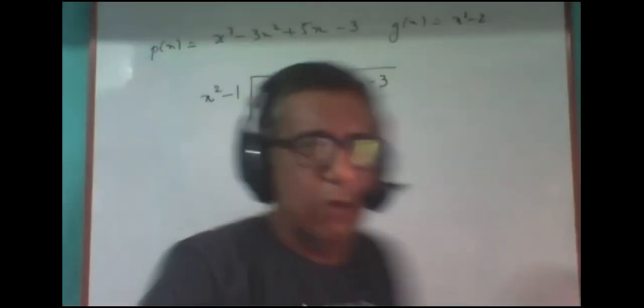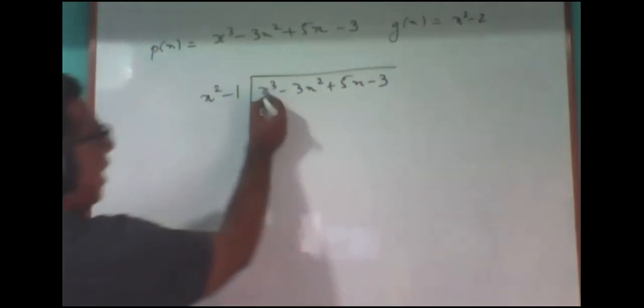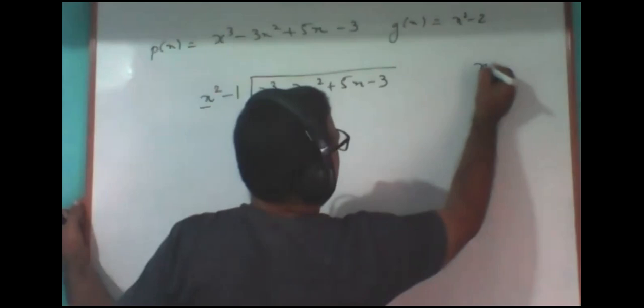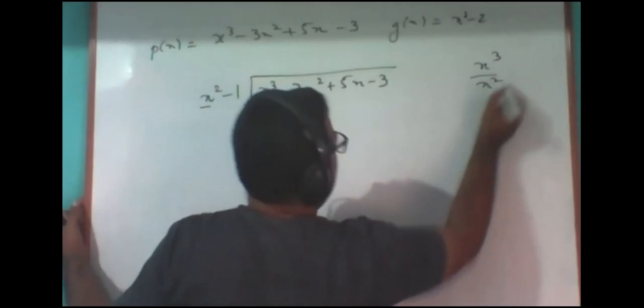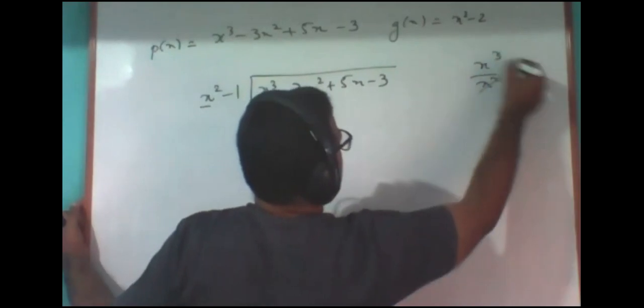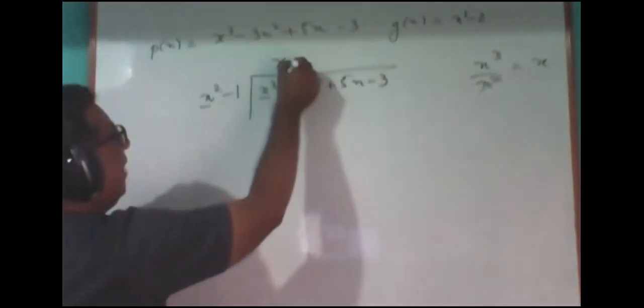Just have a look. I want x cube, and I am given x cube and x square. X cube divided by x square, only one x is left, so the first part will be x.